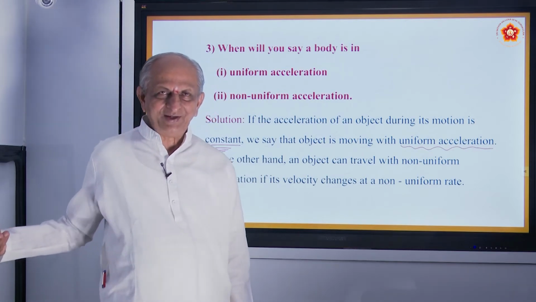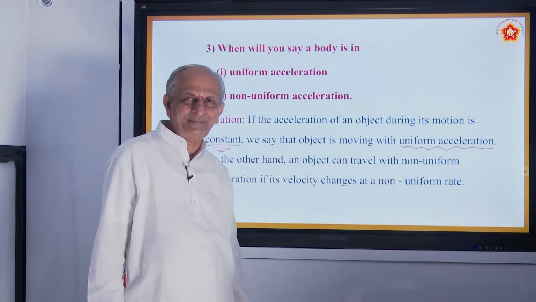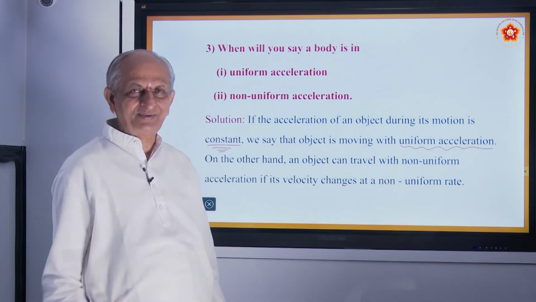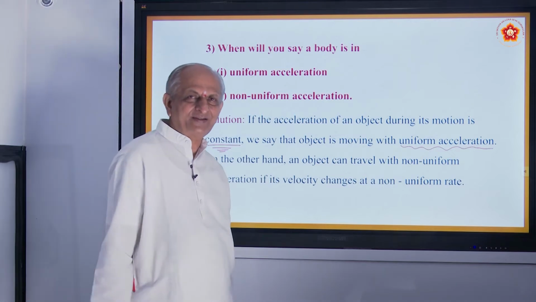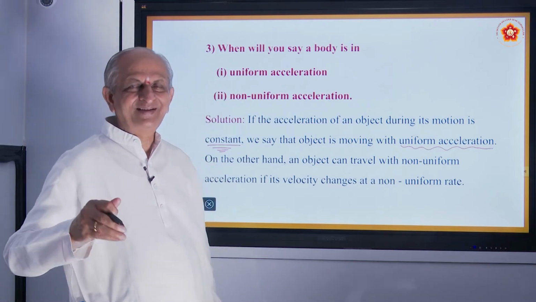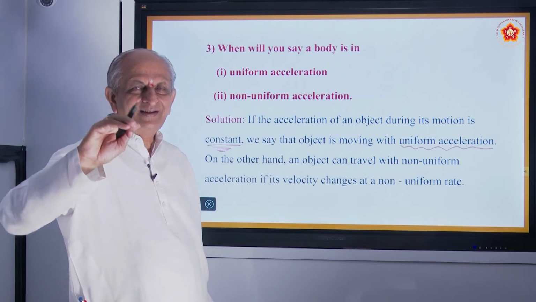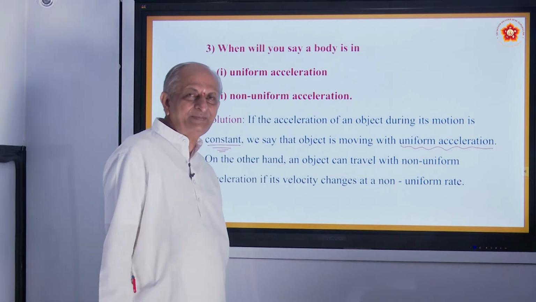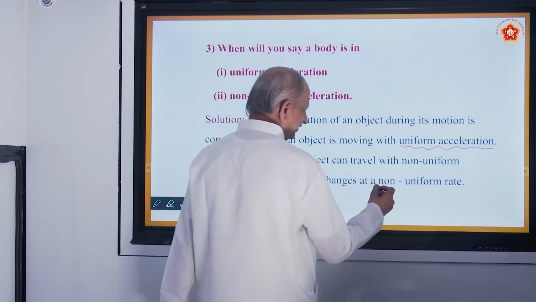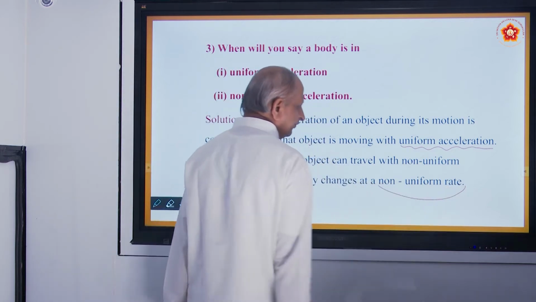Suddenly a dog will come in the middle of the road, or a sheep will come. Some children also come. So a lot of obstacles. Then you have to put brakes. When you put a brake, there will be an impediment in the speed, right? So it is not uniform. Then we say it is non-uniform.